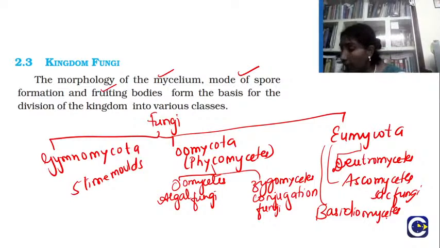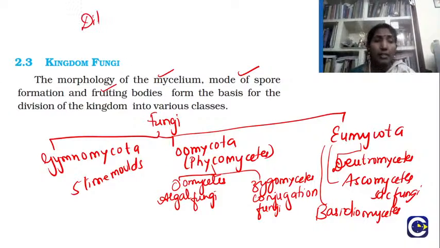Ma'am, can you say about the ascus mother cell? Yes. The ascus mother cells are dikaryotic. Some cells will function as dikaryotic cells, meaning the nucleus is present in two.